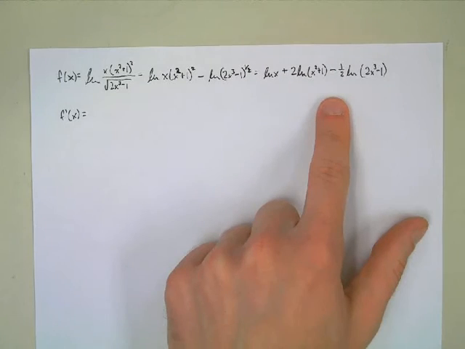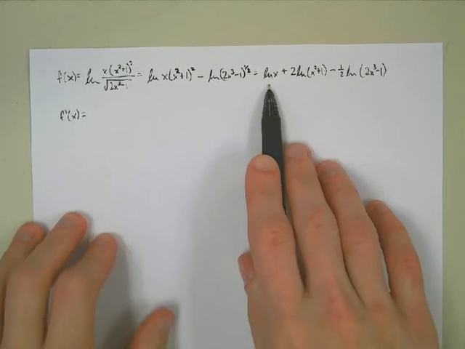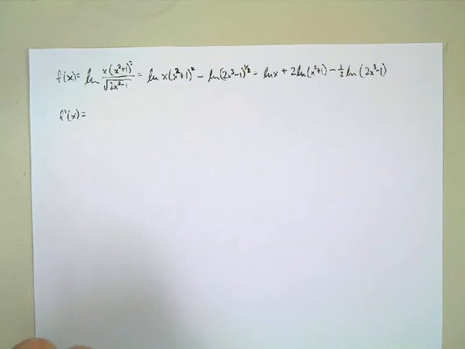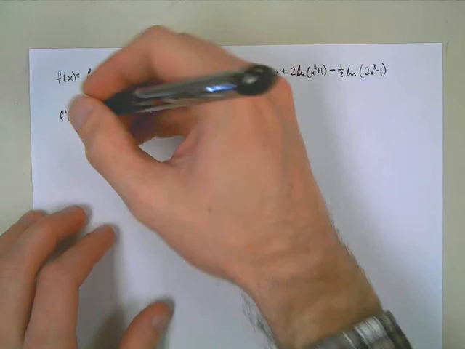Donovan, what's the derivative of natural log of x? One over x, yes sir. Very good. Plus 2 times, what's the derivative of the natural log of x squared plus 1? Go ahead, Donovan.